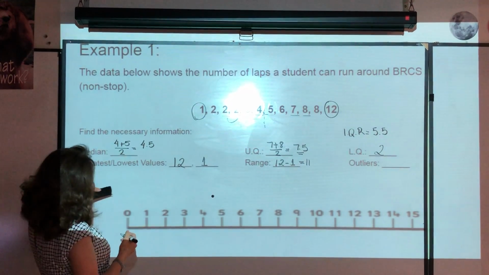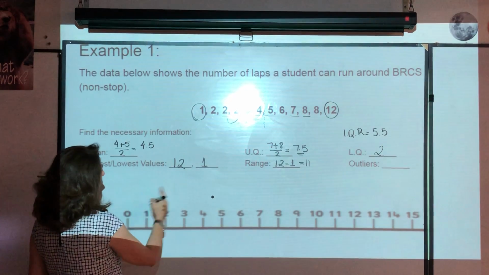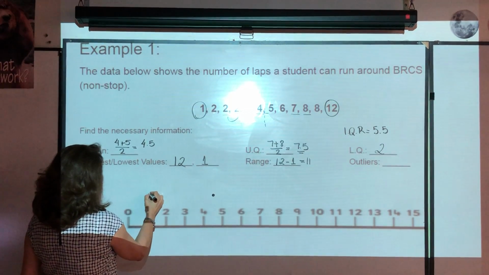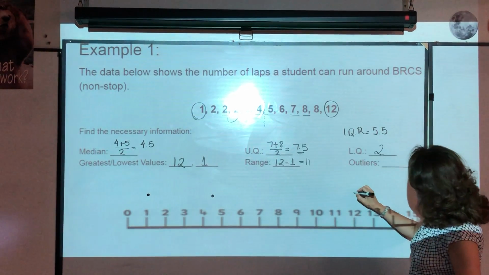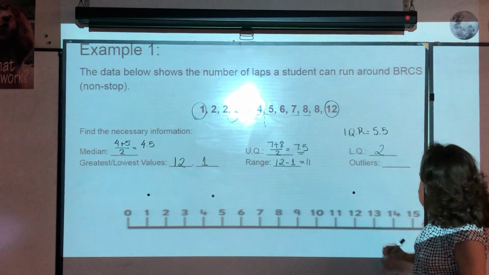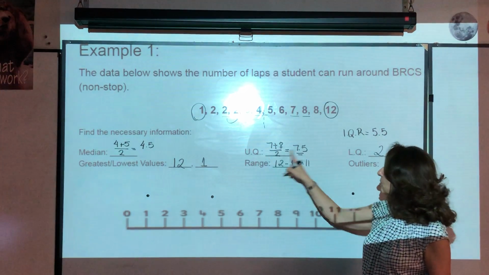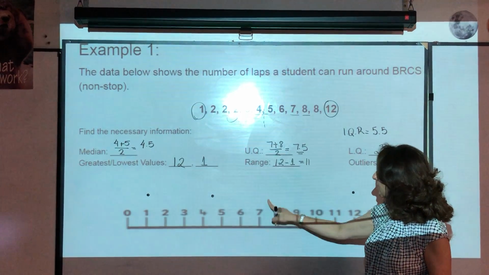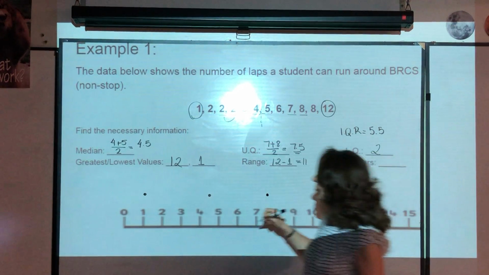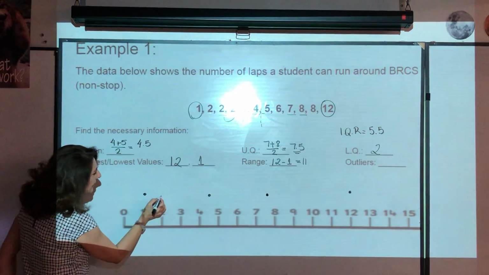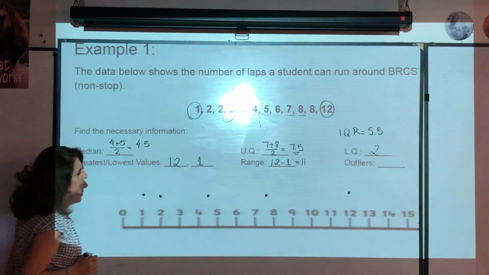And then I need my greatest value and lowest value. Lowest value 1, greatest value 12. And then I have upper quartile 7.5 right here in the middle, and lower quartile 2 right here on number 2.